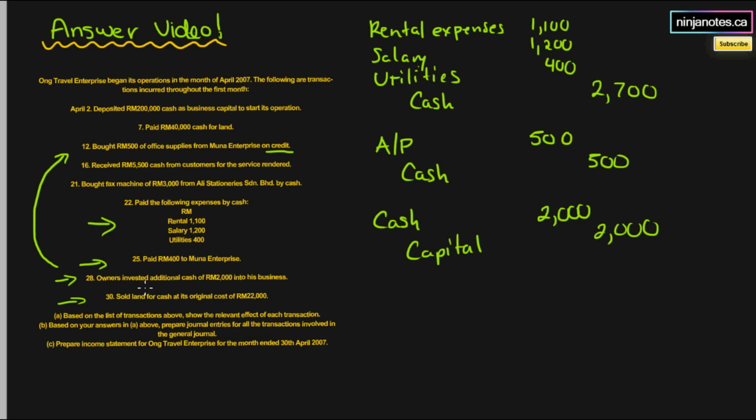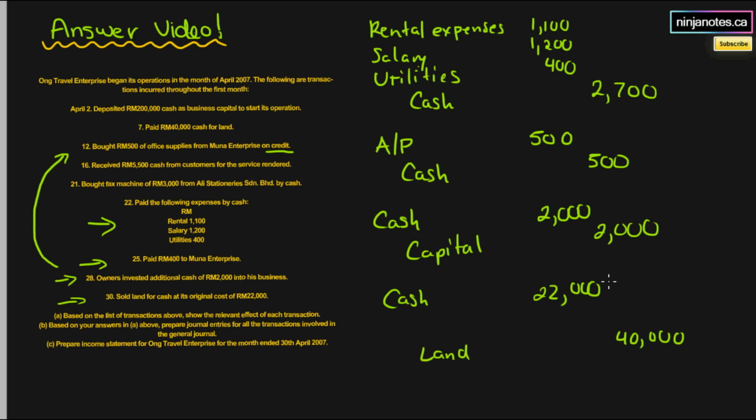Finally, the last one, we sold land for cash of $22,000, and the original cost is $40,000 for land. So we're going to be receiving cash of $22,000, and we have to write off the land asset since we don't own it anymore at cost, which is $40,000.